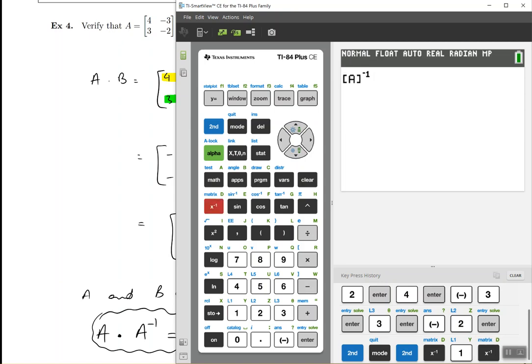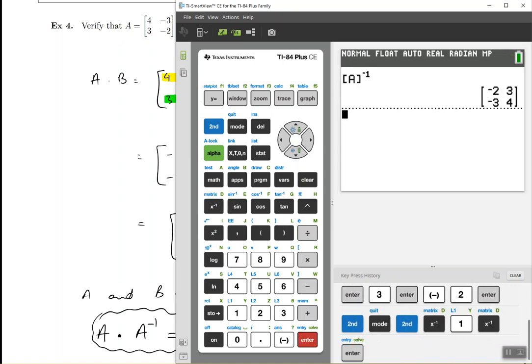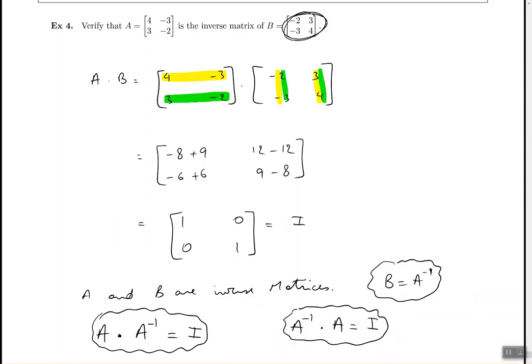That puts a -1 in the exponent. This way the calculator knows I'm now searching for the inverse matrix of the matrix A. I'm just going to click enter, and there it is, -2, 3, -3, 4, which are exactly the numbers of B. So B is going to be known as the matrix inverse of A, and vice versa, A is the matrix inverse of the matrix B.